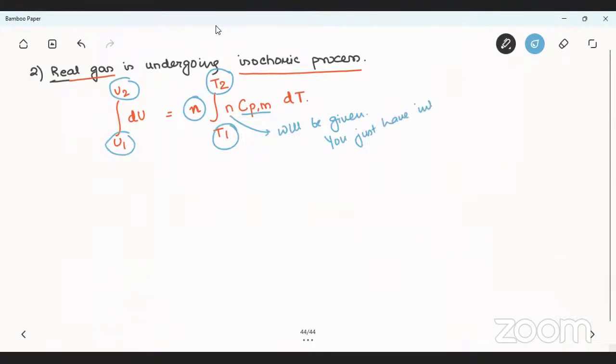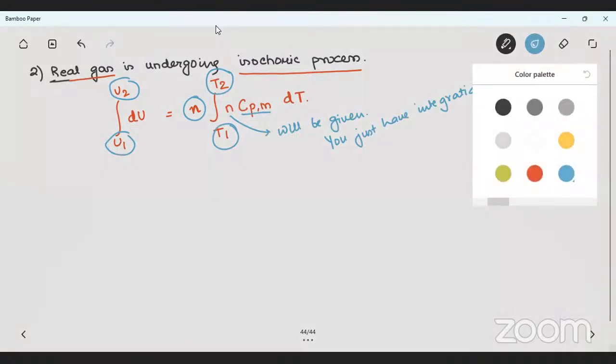Now, why am I not teaching you integration here? Because integration is a huge chapter. In your maths, you will be learning integration. All these values will be given to you in your exam, and they will say a real gas is undergoing an isochoric process, calculate the internal energy for the system.